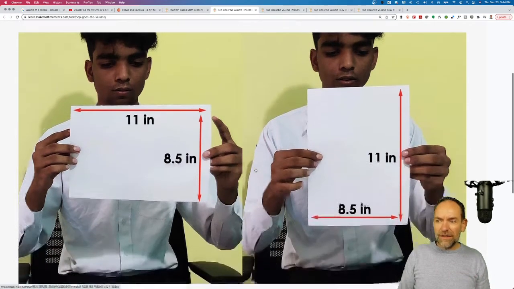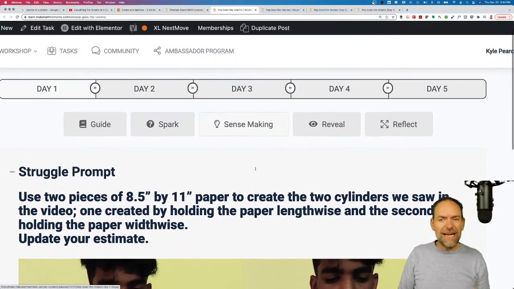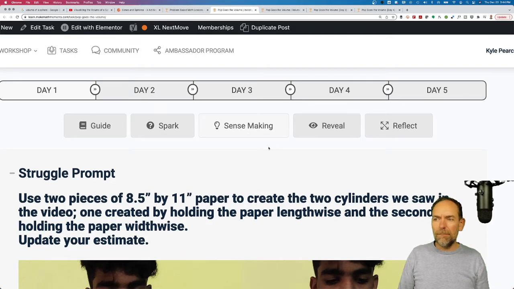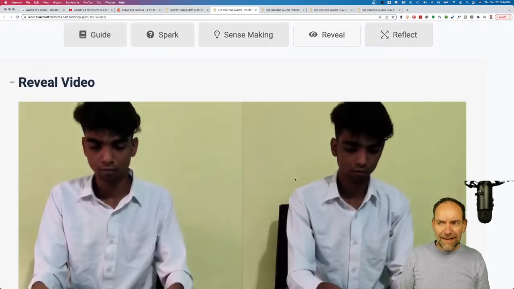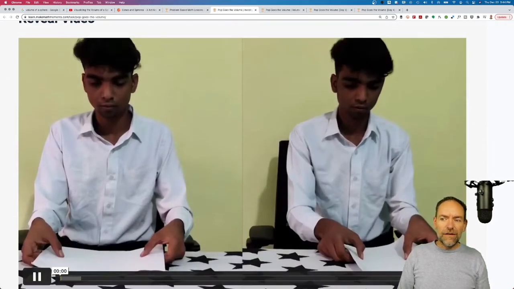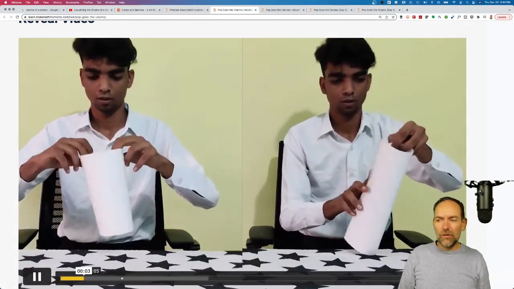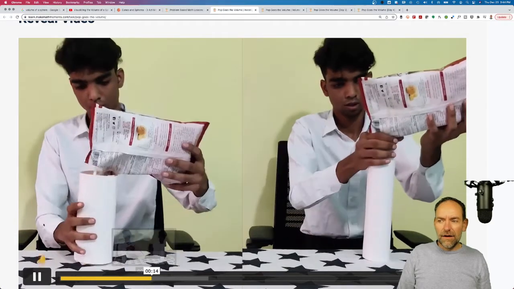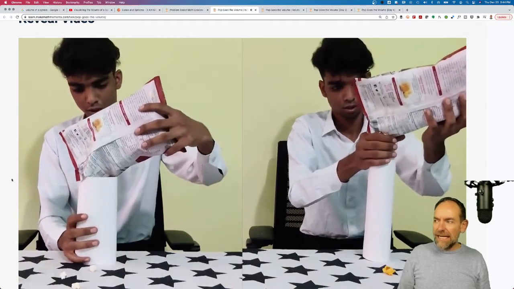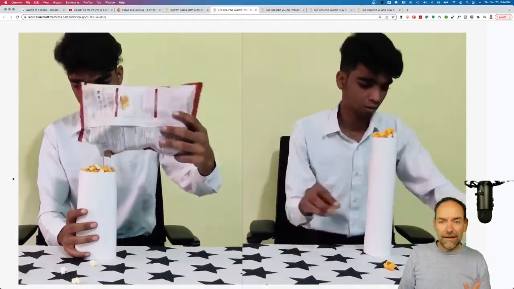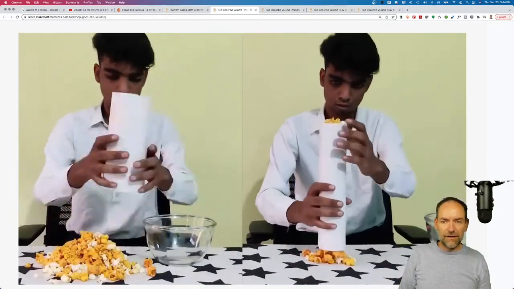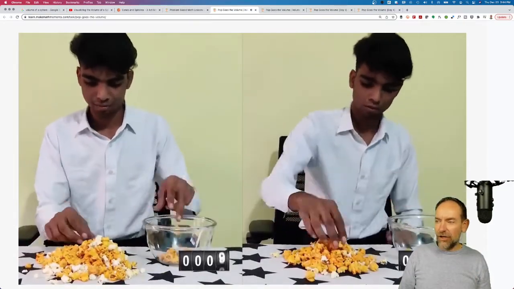And ultimately from there, we get students to update their estimate or prediction based on what they see. And then finally, in our reveal video from this particular day, students not only get to see the popcorn filling these different cylinders, but they get a good visual here.